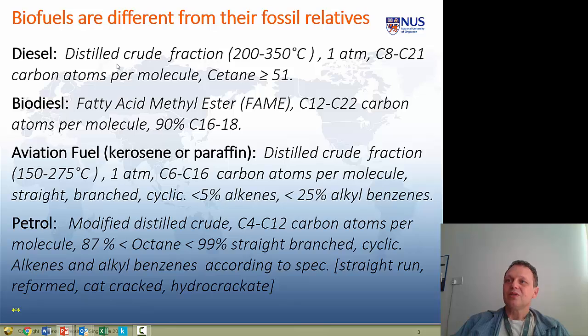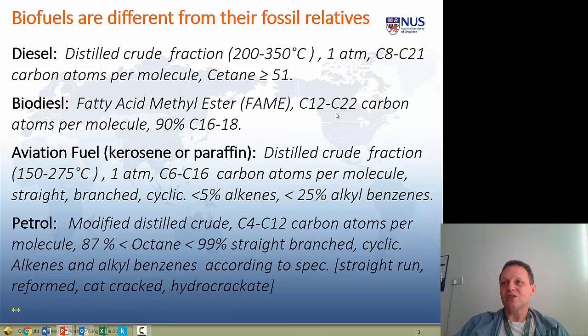So things like diesel, they're a distilled crude fraction between those temperature ranges, typically C8 to C21. Whereas biodiesel, I've chosen the older one, the original biodiesel, which is fatty acid methyl ester.